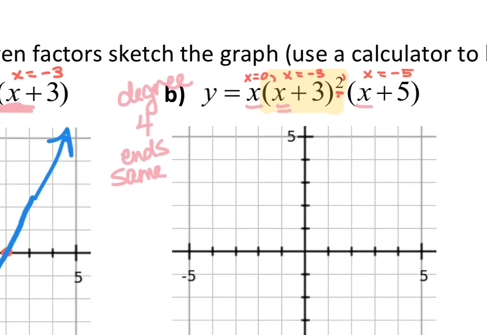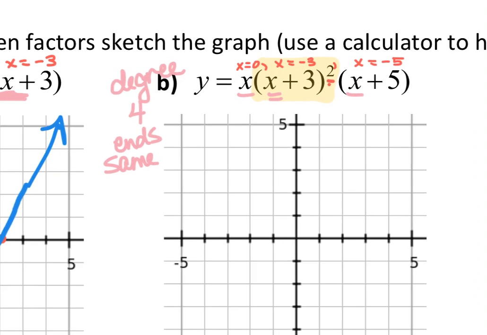And again, there's nothing negative being multiplied through the beginning of each of those factors, and therefore your right end is going to go up. And if the ends are the same, then both ends are going to go up. Remember to emphasize the zeros. So we're going to have a 0 at x equals 0, a bounce at x equals -3, and then another 0 at x equals -5.